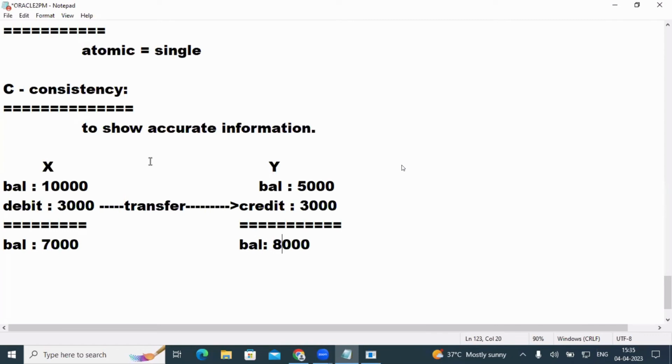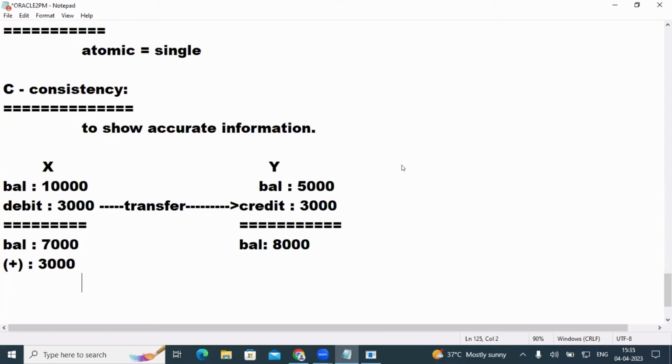Now see. X person's present balance is 7. When you add the debit amount to the balance, it shows the previous amount. That is called the old amount. The debit amount you add to your balance. What is the debit amount? 3,000.